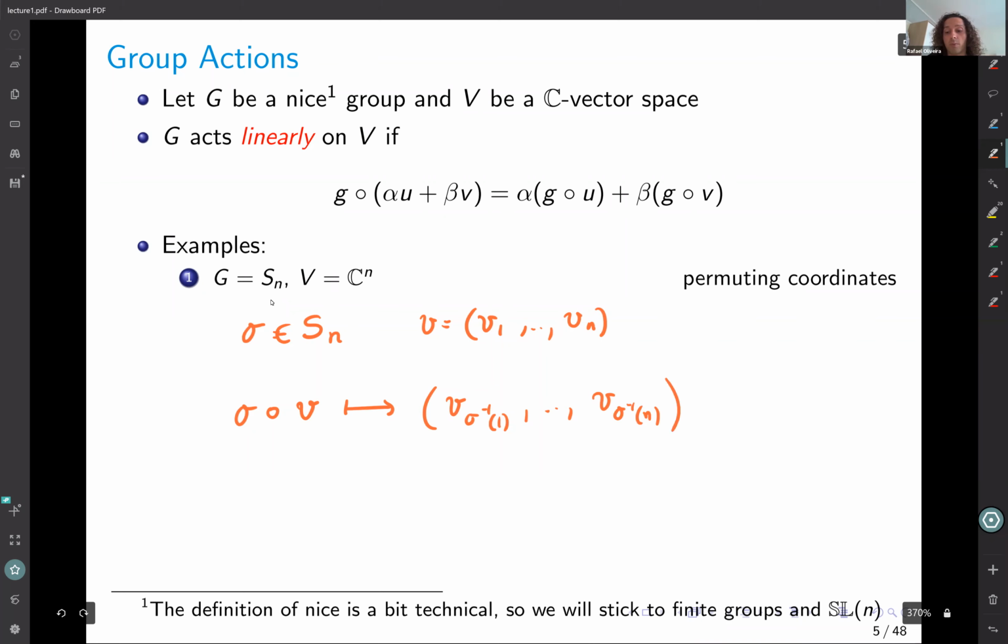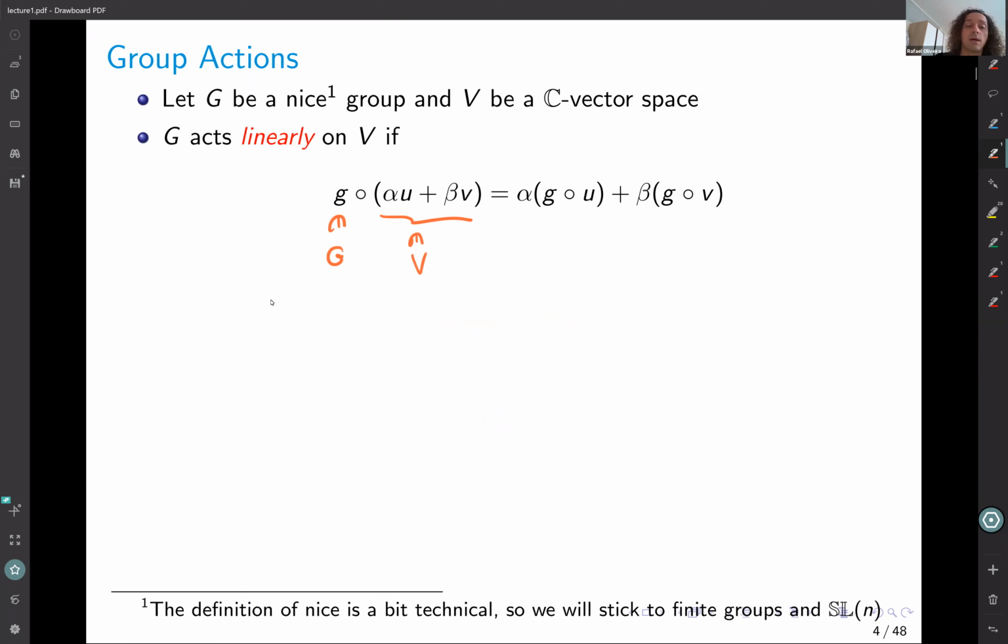So this is certainly a group action, right? And also, sorry, I forgot to say that the group action here is also associative.